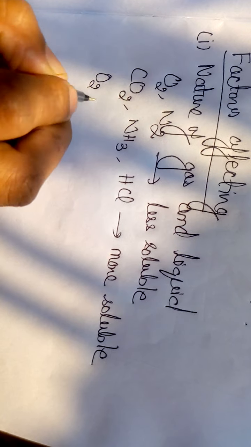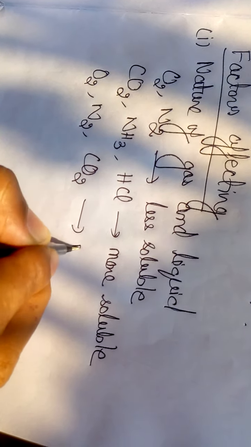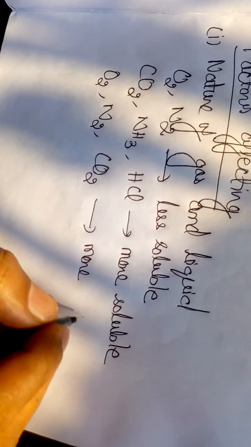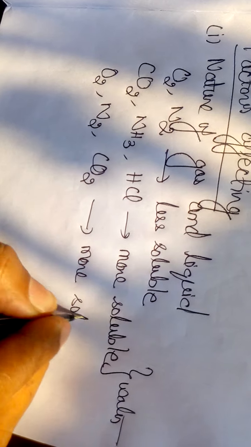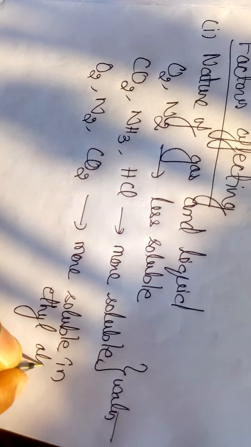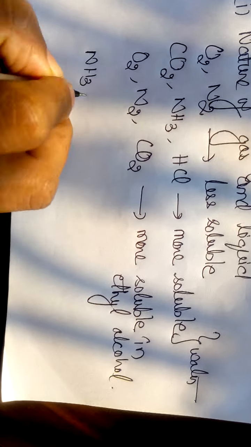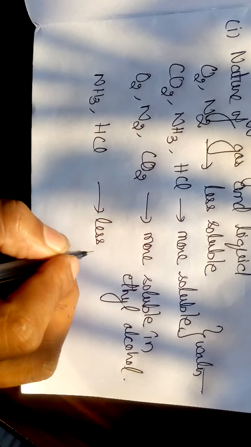It is also found that oxygen, nitrogen, carbon dioxide are more soluble in ethyl alcohol. This is in water. Whereas NH3 or ammonia and HCl are less soluble in ethyl alcohol.